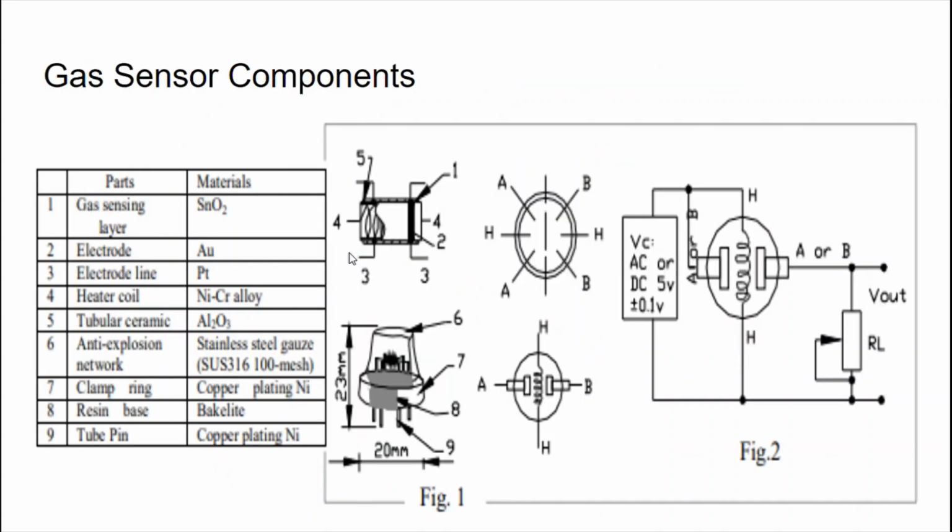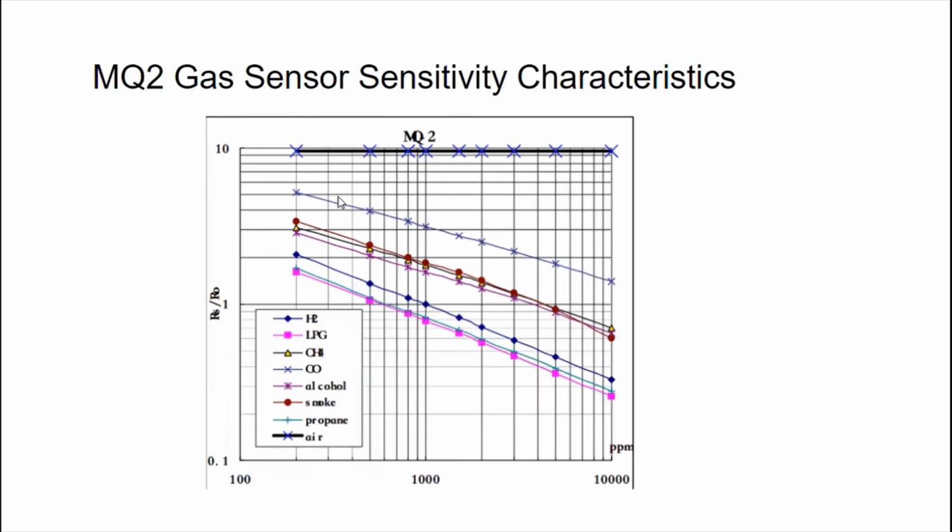Here we can see, this is RL, the load resistance. These are all the different components of the gas sensor which we have seen before. So now we have Rs and R0. From the ratio of Rs by R0, we can find the ppm value from this graph. So for all these gases, we can find their ppm from the Rs by R0 ratio.